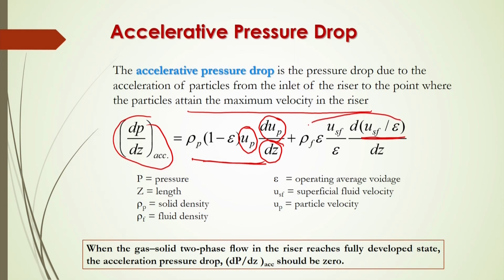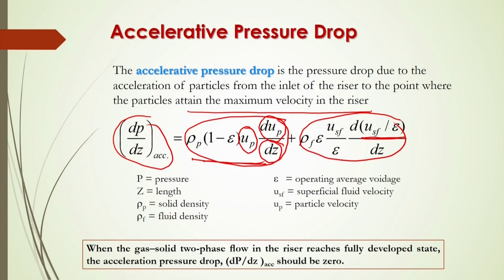This part is the momentum change due to the velocity change of the fluid, and this is the momentum change of particles due to the particle velocity inside the bed, from the inlet of the fluidized bed to the point where the particles attain their maximum velocity.